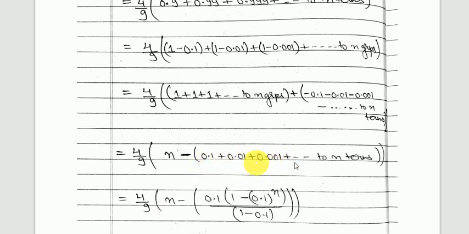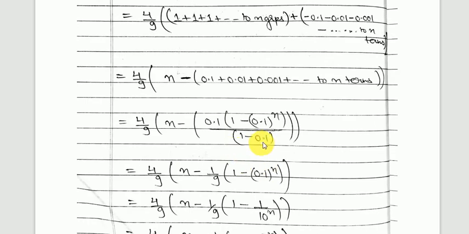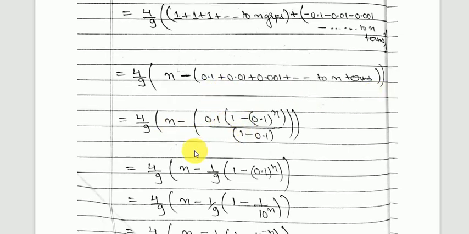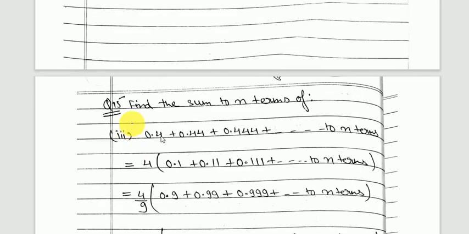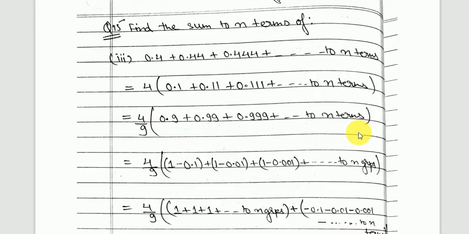So you can see that the common ratio over here is 0.1. First term is 0.1 and common ratio is less than 1. So we'll use the formula for the GP and write the sum of these terms. Simplify this and that's how you'll get the answer for this series.